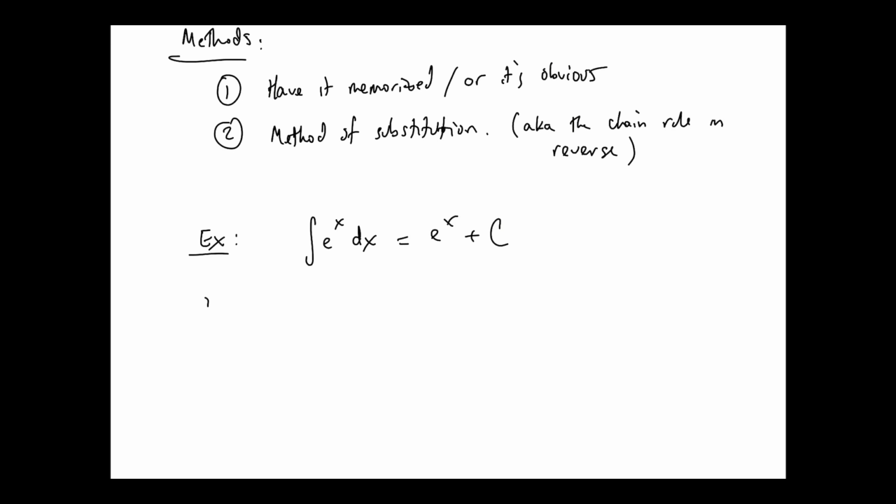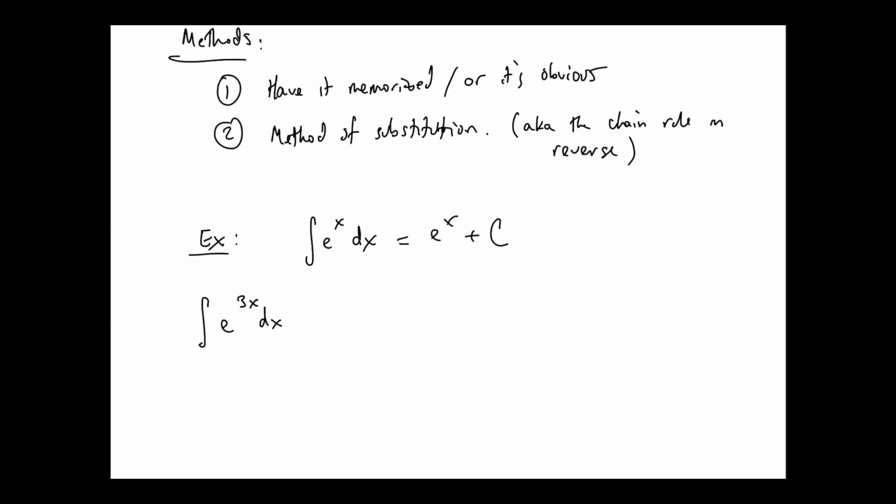If I were to come along and say, let's do e to the 3x, well, it's pretty close to e to the x, right? I mean, there's that 3. So what might we guess as the answer? Okay, e to the 3x over 3, or even just e to the 3x.